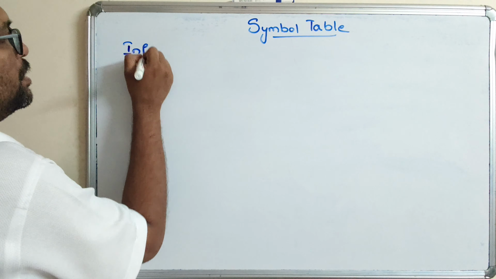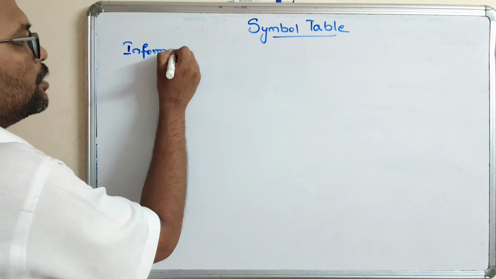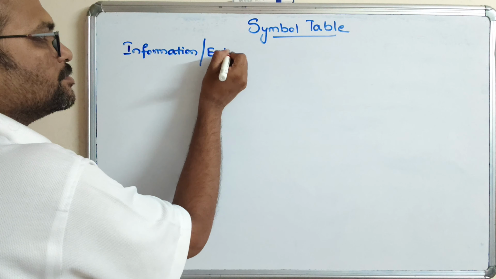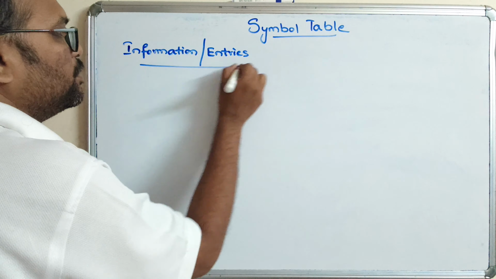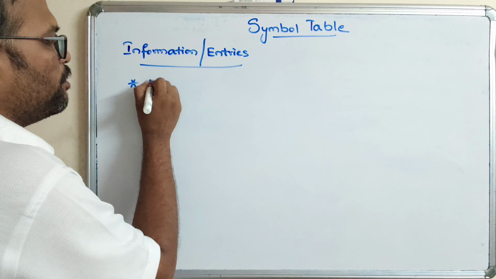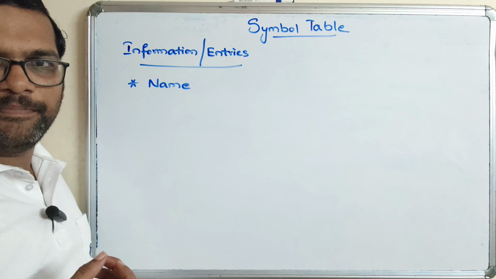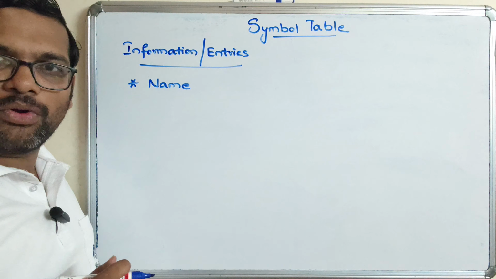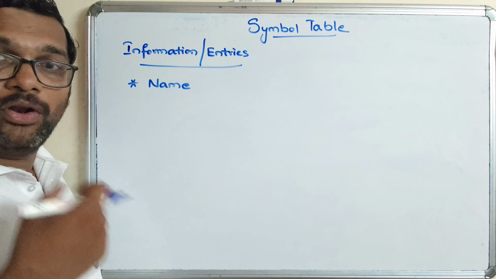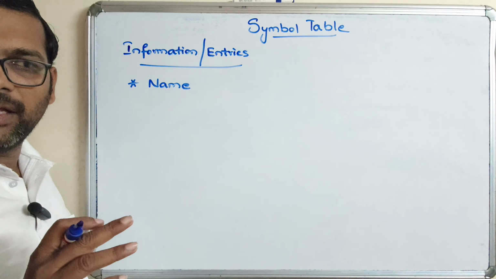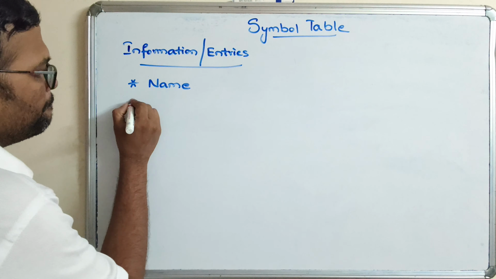So information or entries of a symbol table. The first one is the name of an identifier. For every identifier there will be one name, and that name will be stored here. It can be a variable or a constant or a function or a class or an object, any kind of identifier, the name should be given.